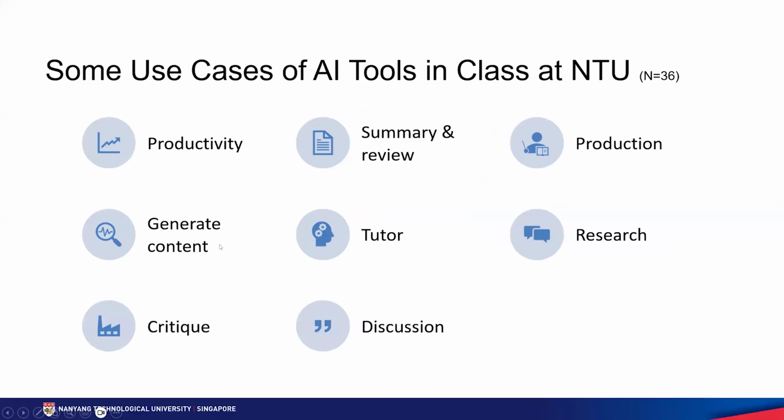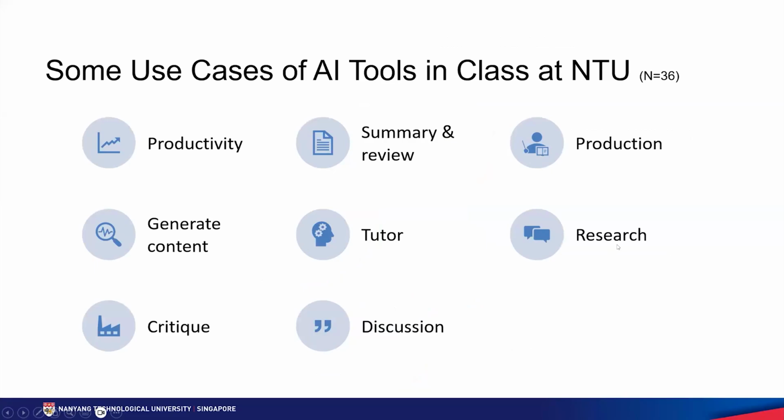Generate content refers to faculty who have used AI to perhaps create case studies or certain content for their class. We have also seen examples of AI used as tutors to give students feedback, or students using AI to clarify their doubts and so on.